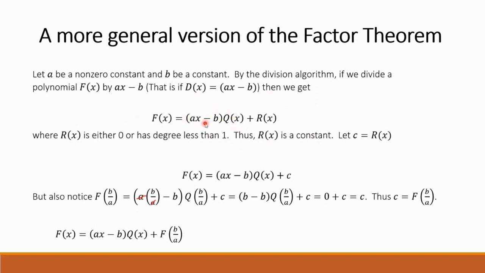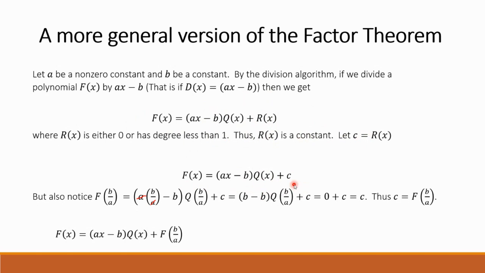Now, d of x is degree 1, so r of x would have to be degree 0 in that case. So in other words, r of x is going to be 0 or a non-zero constant. I don't know what that constant is, so let's call it c. Then substituting, what we get is this.